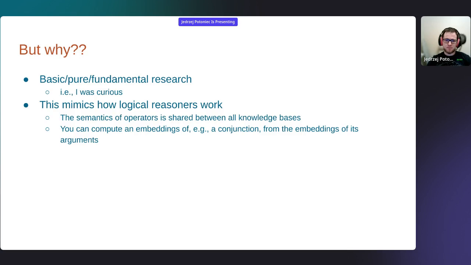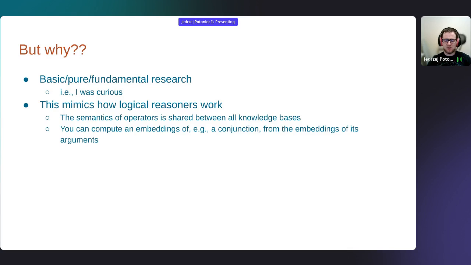And the other nice property which we aimed to achieve, and it seems that we managed to, was that we wanted to be able to compute embeddings of complex concepts such as a conjunction from the embeddings of the arguments.